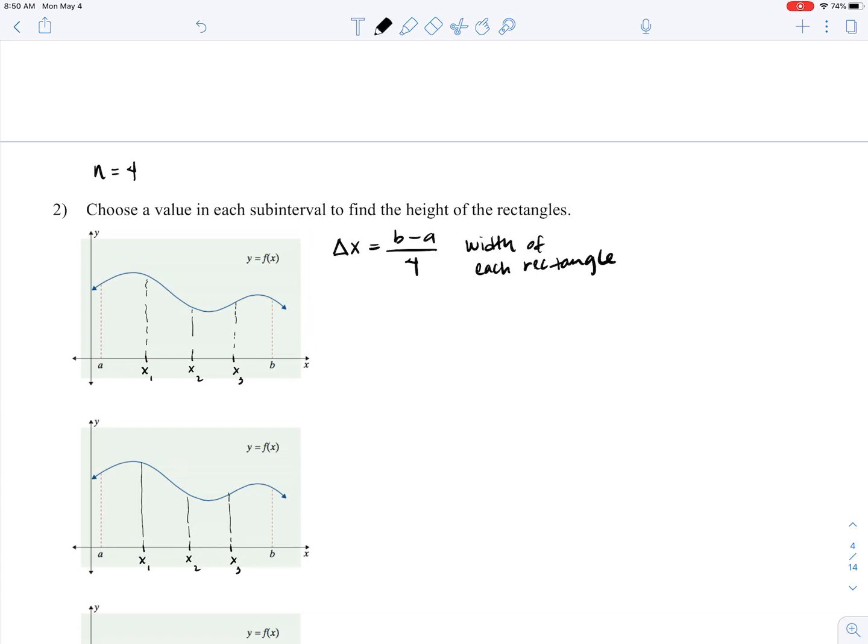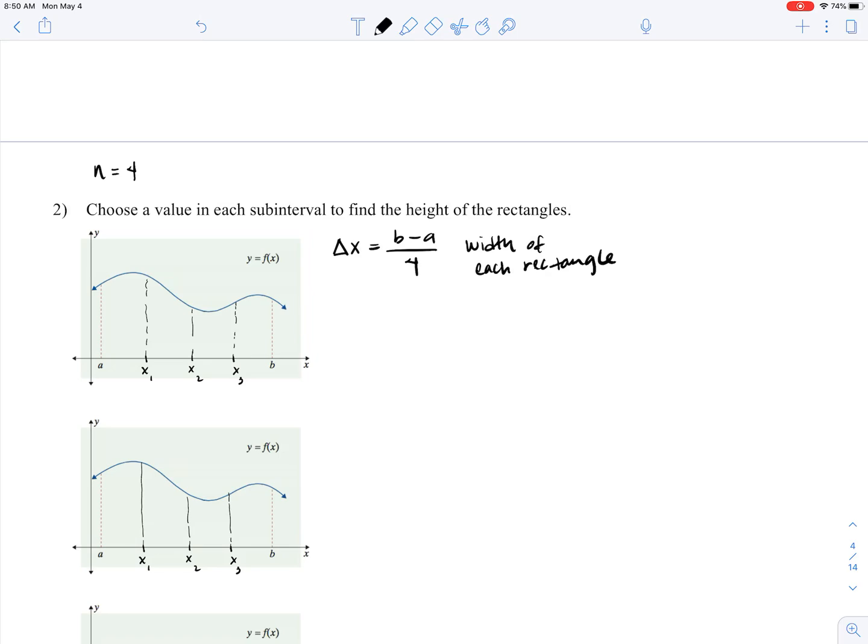And there are 3 different common ways of calculating the heights of the rectangles, right? Because to find the area of each rectangle, we need the width and we need the height of the rectangle. There's the midpoint of each subinterval, the left endpoint of each subinterval, or the right endpoint of each subinterval.